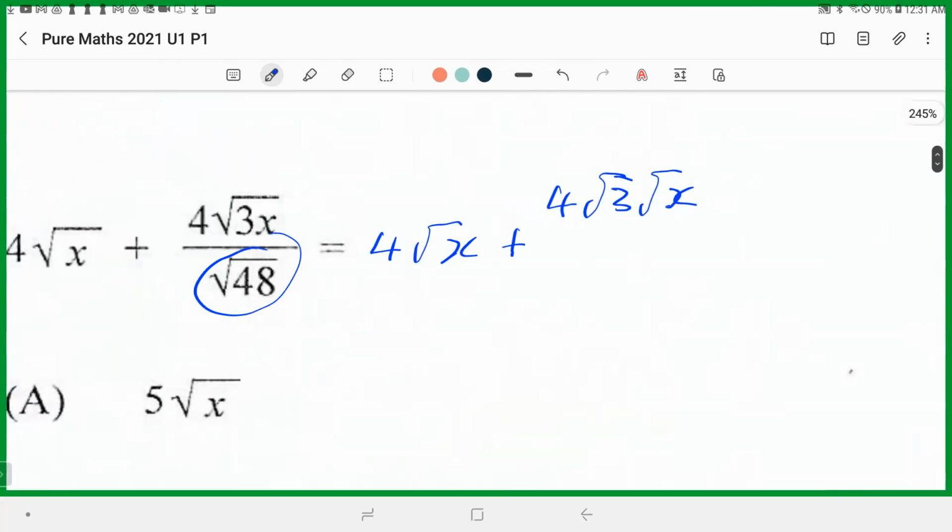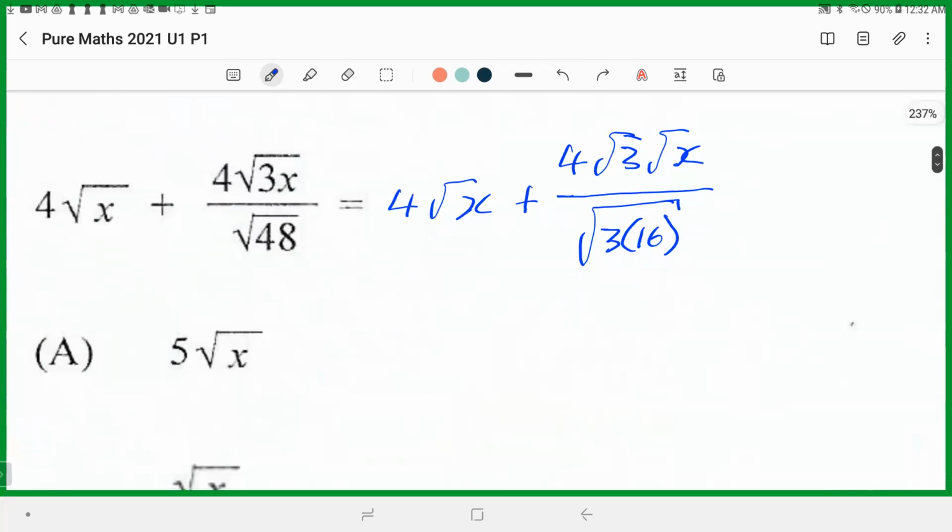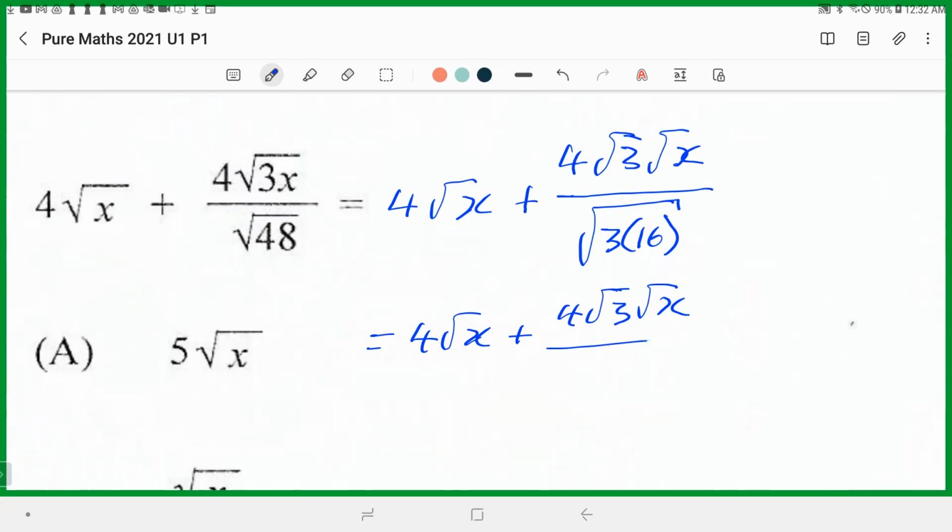We'll start with the 48. I want to get a root 3 in the 48 as well. So I'm going to write the 48 as the square root of 3 times 16. Just like that. Then the square root of 16 is 4. So then this becomes 4 root x plus 4 root 3 times root x over. Then the root of 16 is 4, so I get another 4 root 3 under here.